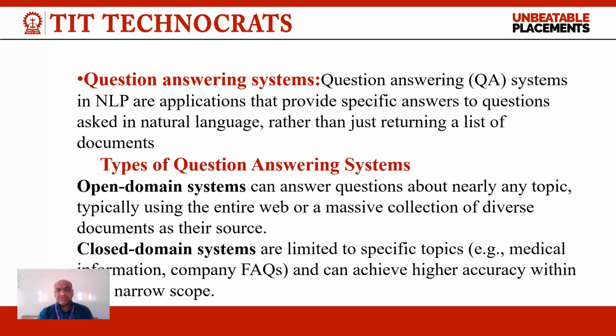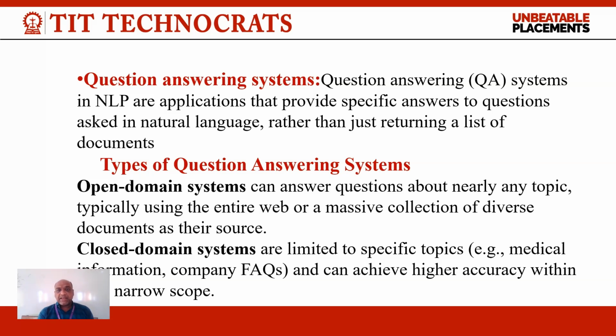Question answering systems. Question answering systems in NLP are applications that provide specific answers to questions asked in natural language rather than just returning a list of documents. Types of question answering systems: open domain systems and closed domain systems. What is an open domain system?